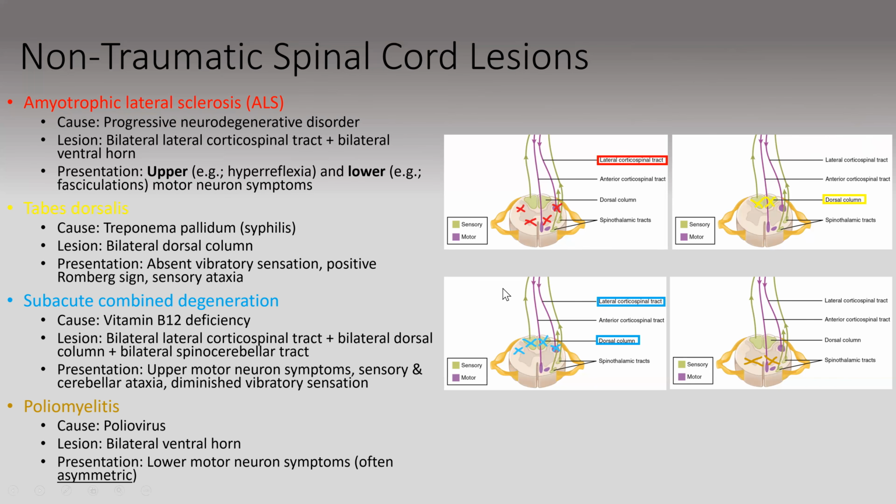And then we have subacute combined degeneration, which is here. This is caused by vitamin B12 deficiency. This affects the lateral corticospinal tracts, much like ALS, but instead of the ventral horns, it affects the posterior columns. So this looks like a combination of the last two. You get the sensory ataxia, with vibration and proprioception loss, but you also get the upper motor neuron weakness of an upper motor neuron disorder.